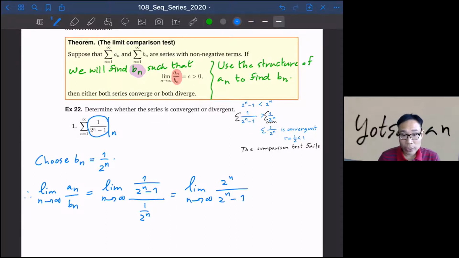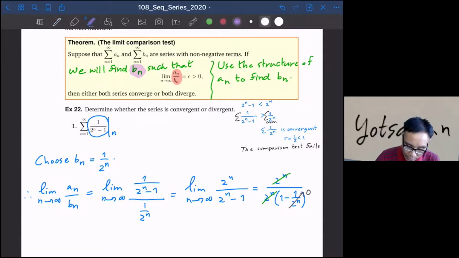You can use L'Hopital or you can just use algebra. You get rid of 2 to the n, and as n goes to infinity, this term turns out to become 0. So you'll be able to find this limit, and it turned out to be equal to 1.